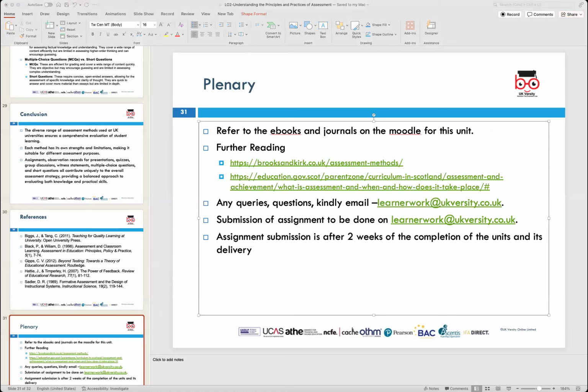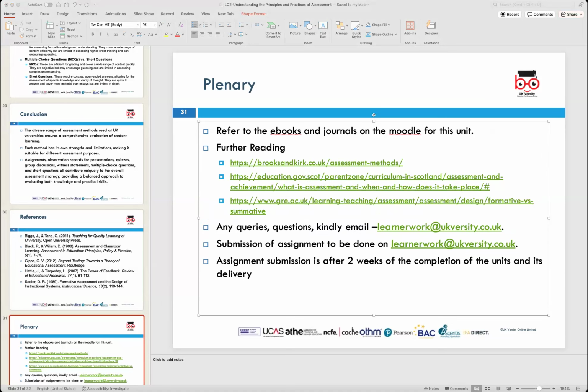These are going to be useful because they give you a bit more knowledge and understanding of what we have discussed in this learning outcome today. The additional articles also give you information on how they are applied in different contexts, for example university assignments, or different forms of assessment such as norm or criterion referenced, and formative or summative assessment. They explain why these different forms of assessment are considered, and how you would put them into practice, depending on the sector or field that you are teaching or assessing in.